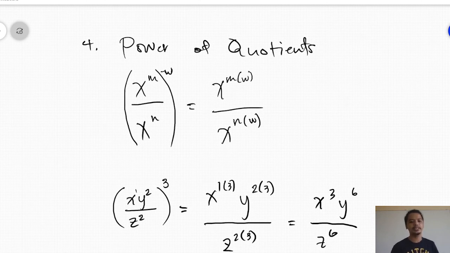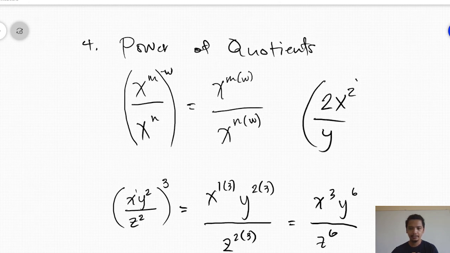So basically, ganyan lang siya. Pag nagkasama-sama lang siya na, ayan, parenthesis, tapos meron kang 3, tapos meron kang variable na nasa denominator, kailangan mo i-distribute dun sa lahat ng numbers. Minsan class, meron din tayong nakasamang constant. So, halimbawa, meron kang 2x square over y.